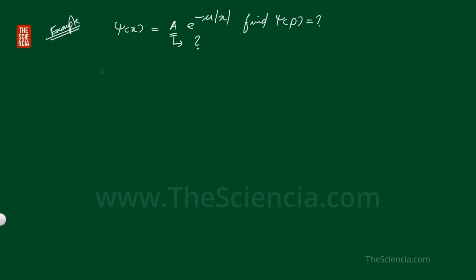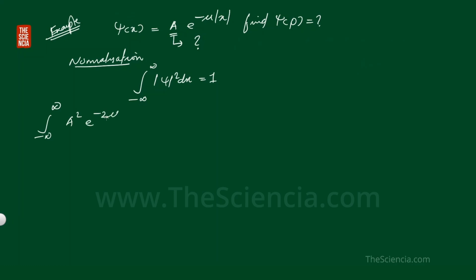How can we normalize? That is, integral minus infinity to plus infinity mod psi square dx should be equal to 1. That is, minus infinity to plus infinity mod psi square, that is a square e raised to minus 2 mu mod x dx should be equal to 1, right?